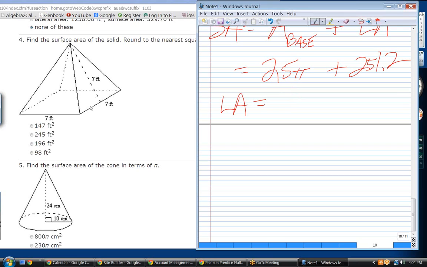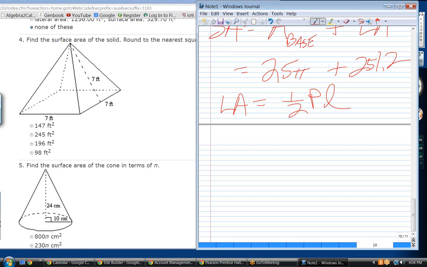Remember, pi is not a factor if there's no circles. Pi only comes in when you have a cone or something like that. Let's not count the base. The lateral area is 1/2 the perimeter times the slant height.